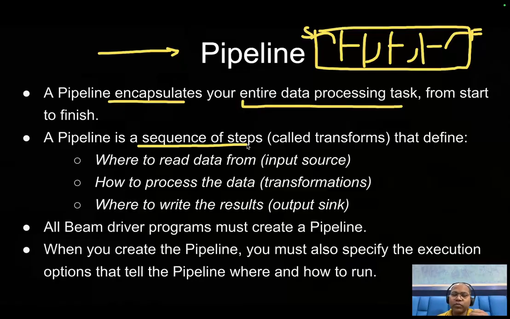Whatever the sequence you have according to the business, each business has a different model of data processing. So generally these sequence of steps are transforms. First, whenever you are planning data processing, where to read the data? First, you have to choose data from different sources. That is considered the input source.